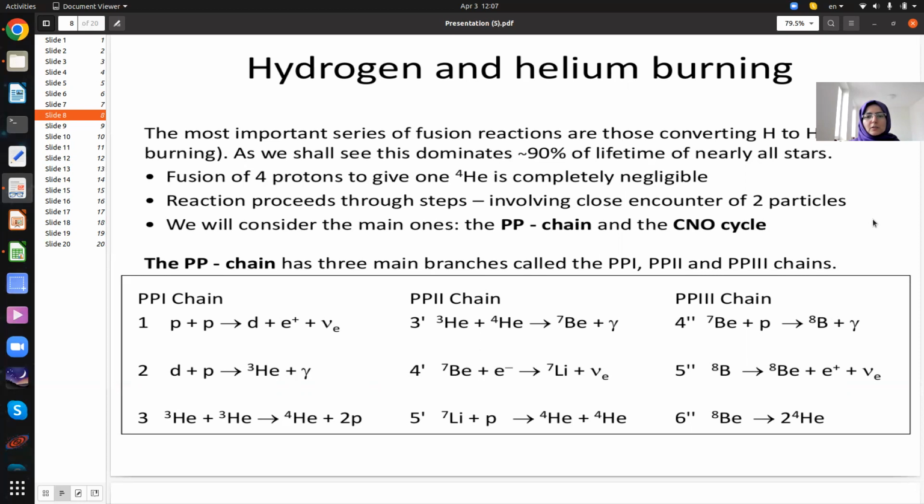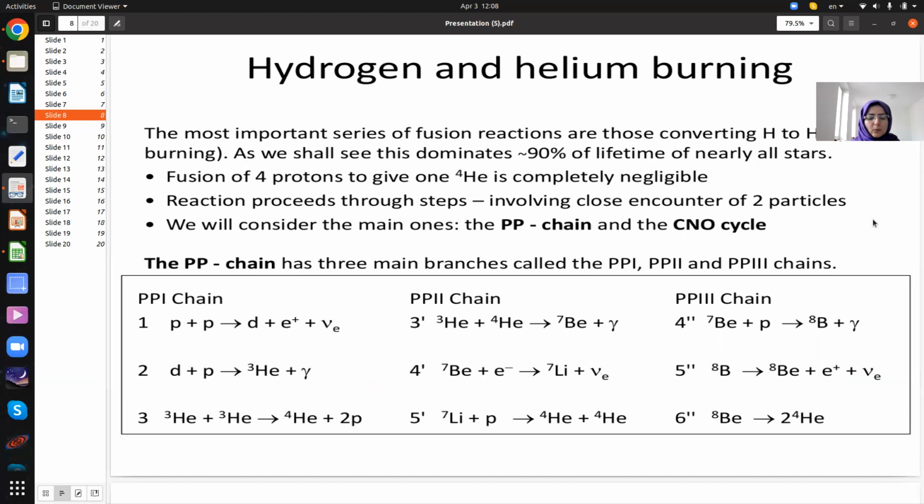The reaction proceeds through steps involving close encounters of 2 particles. We will consider the main ones, the PP chain and the CNO cycle. The PP chain has 3 main branches called the PP1, PP2, and PP3 chains.